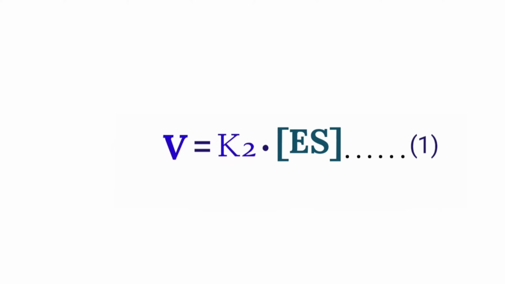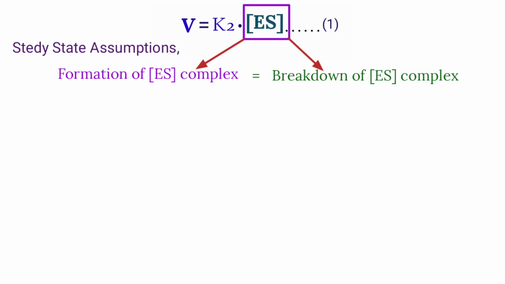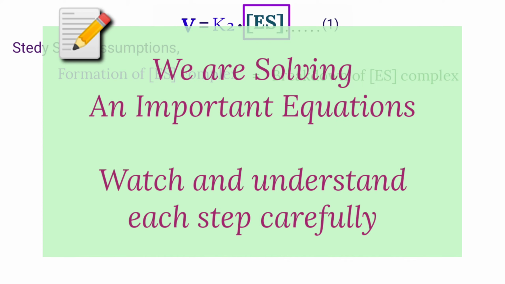So let's discuss more about the value of enzyme substrate concentration in terms of the steady state assumption. So what is this steady state assumption? It is nothing but the formation of enzyme substrate complex being equal to the breakdown of enzyme substrate complex, which is very important. I would request you to please understand this. On these concepts, many questions can be designed in competitive exams.